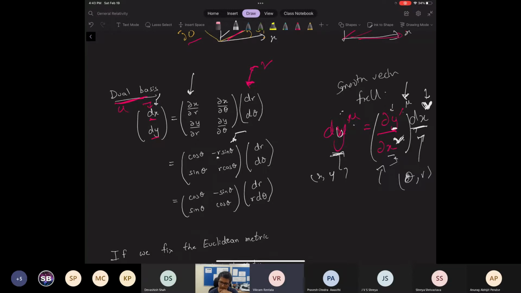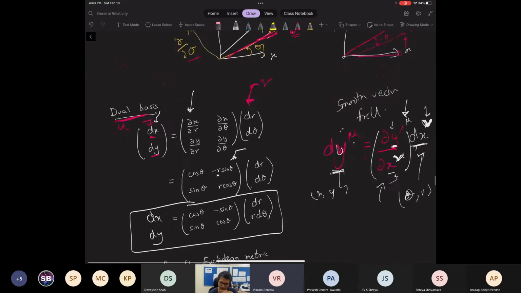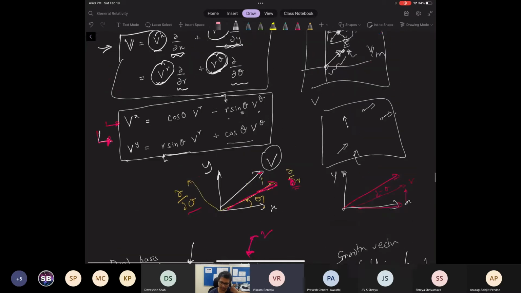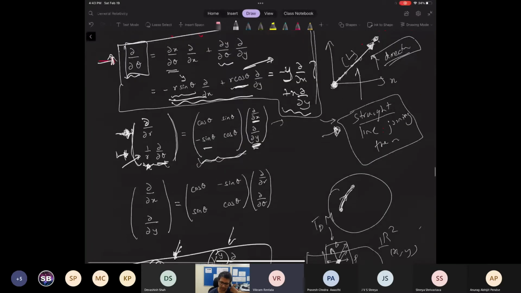If I pull this r into the d theta, I get something like dx dy is this. Let's compare this with the transformation rule that we had for vectors.